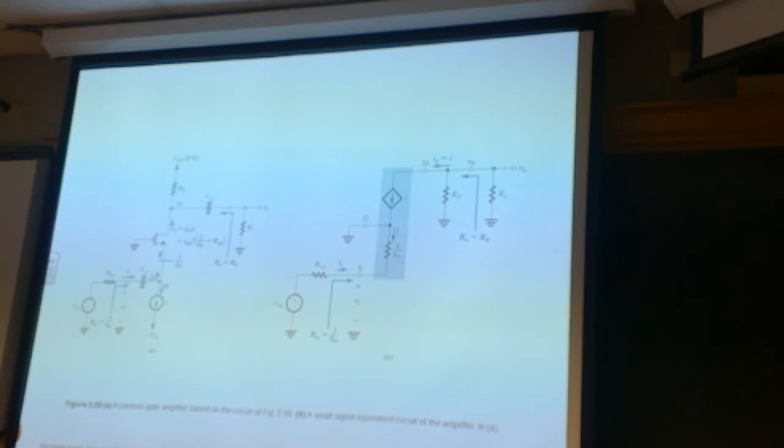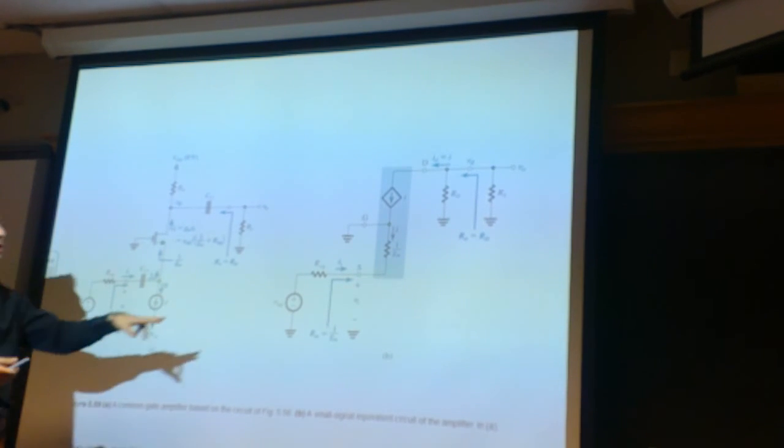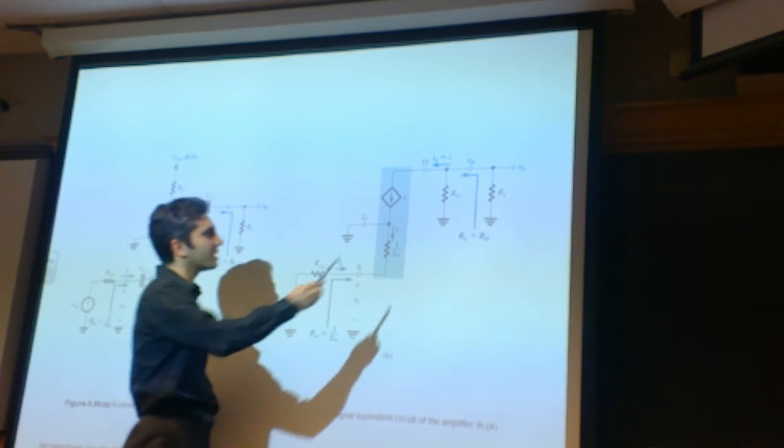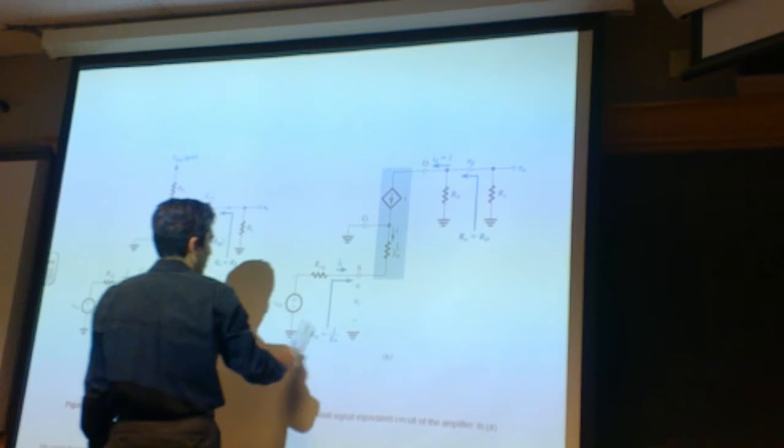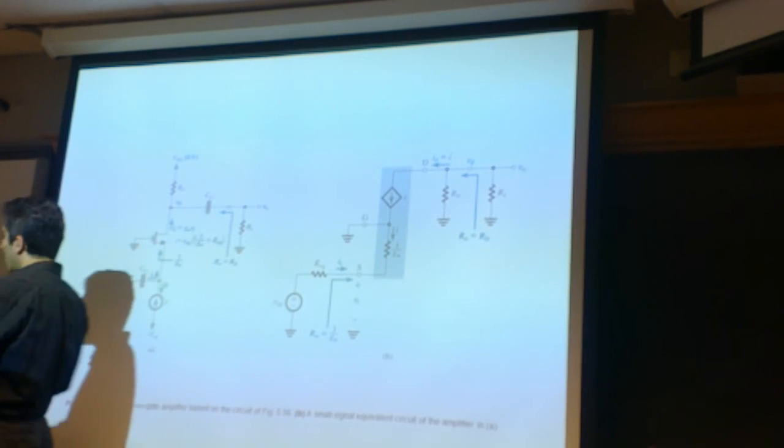Okay, what's the gain in that circuit? Yeah, it's negative. You have to first ask which gain. So we have Vout over Vi, and we have Vi over Vsig. So what's Vout over Vi?